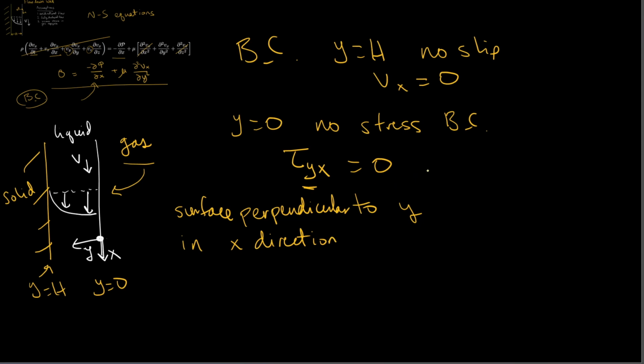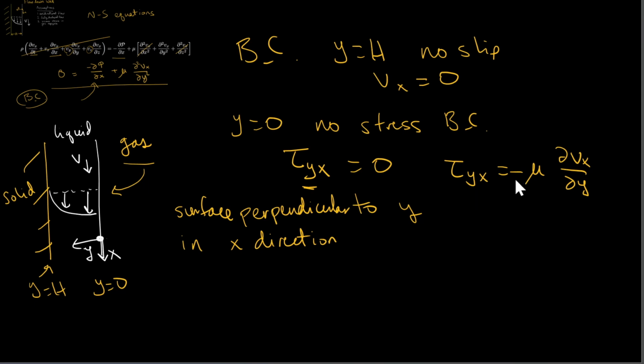To turn this into something more useful for what we're trying to solve with the Navier-Stokes equation, we can use Newton's law of viscosity, which looks something like this, where our viscous stress is equal to negative mu times a gradient in velocity. I'll point out that in some textbooks, they'll switch the letters here, and they might have a negative sign or leave out the negative sign.